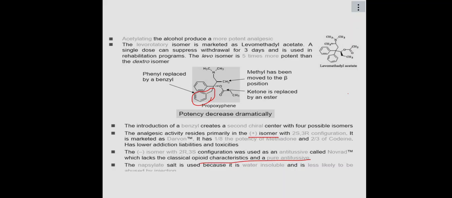And if we change the stereochemistry appropriately, from levo to dextro, we can develop a compound which has more antitussive activity while retaining minimal analgesic activity. And when we change the stereochemistry and get the levoisomer, then the levoisomer will give us antitussive activity.